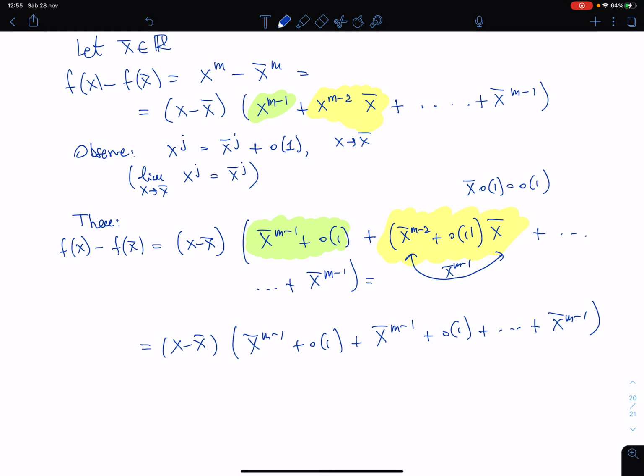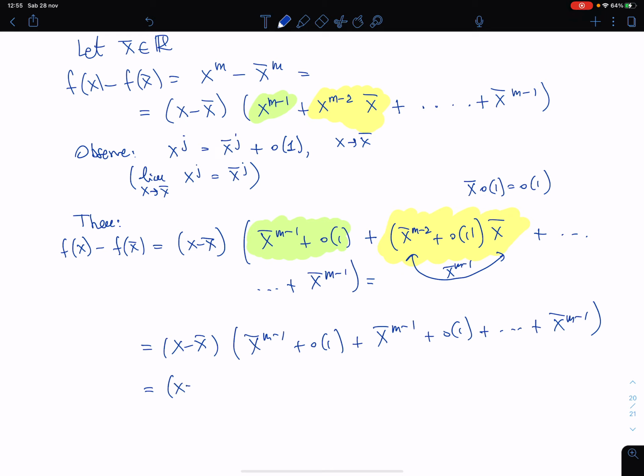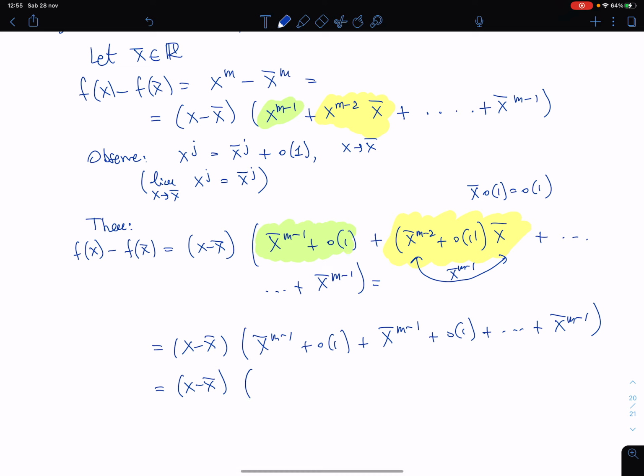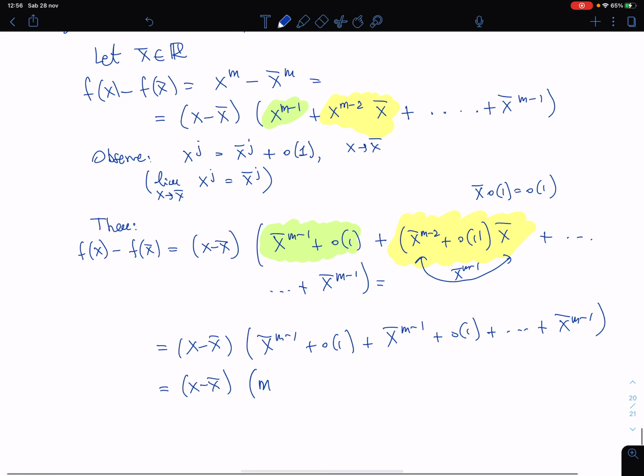So we have x minus x bar, and here inside this bracket we have m times x bar to the power m minus 1 plus little o of 1.